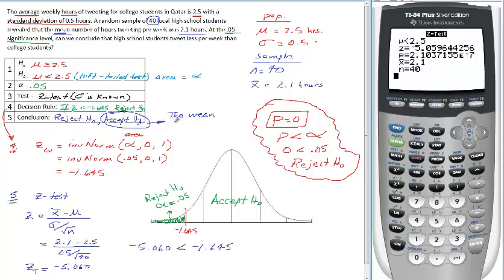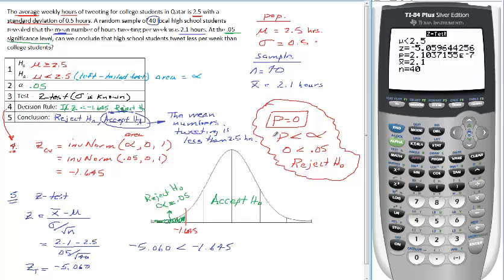The mean number of hours tweeting is less than 2.5 hours. So we can make a general conclusion like that now. So yes, we can conclude that the mean number of hours tweeting is less than 2.5 hours.